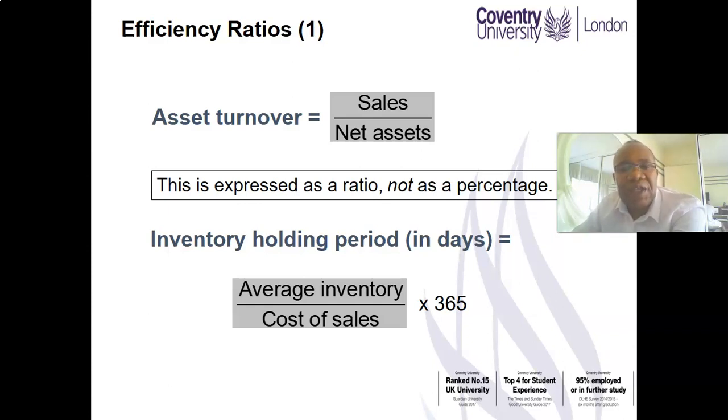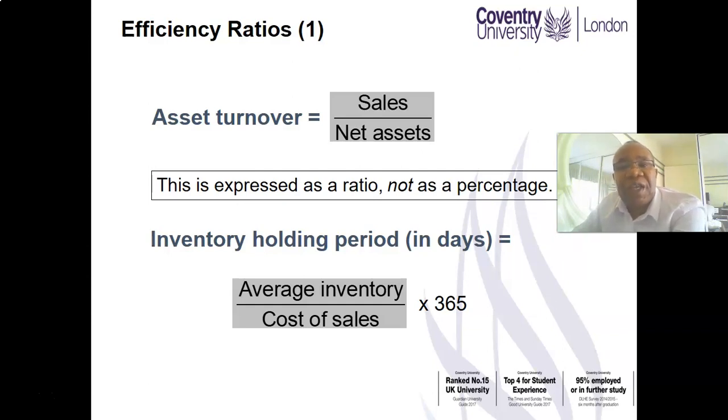Could it be that the company has acquired more non-current assets at the end or close to the end of the period, and the non-current assets have not yet started to yield profits? Well, that may explain it.